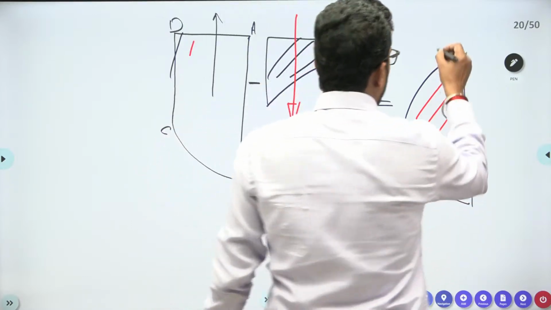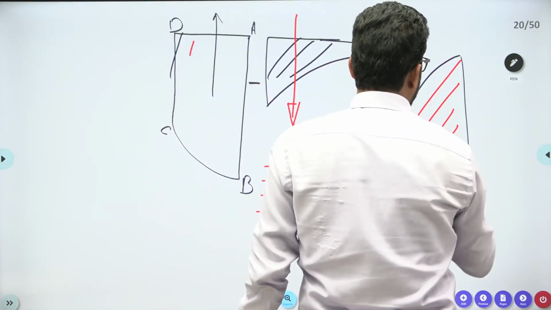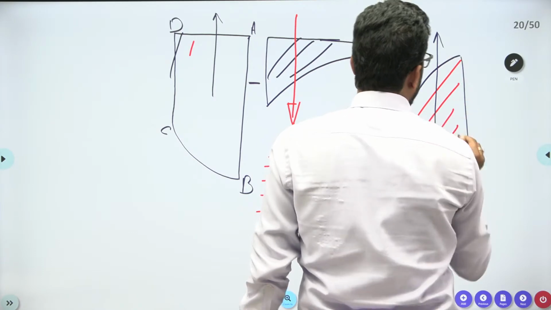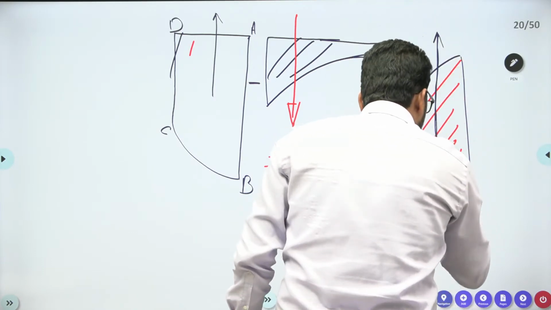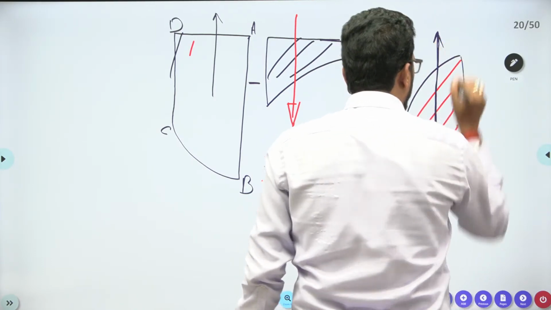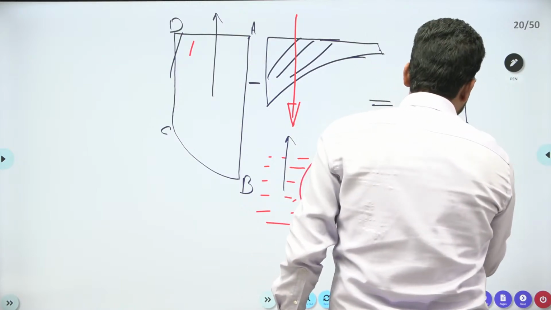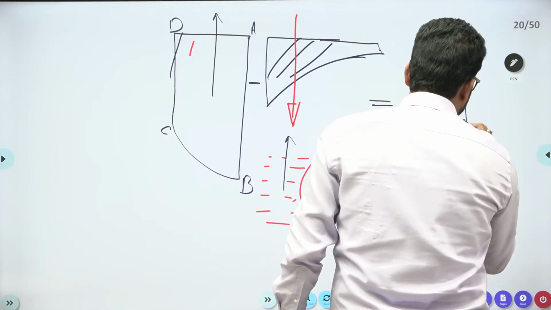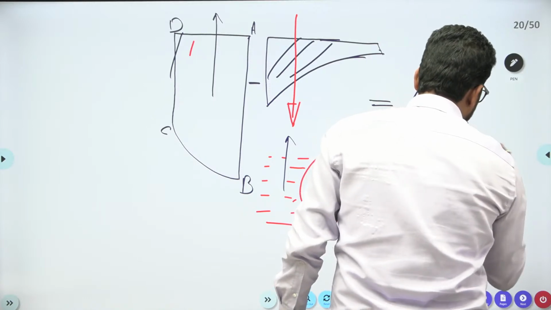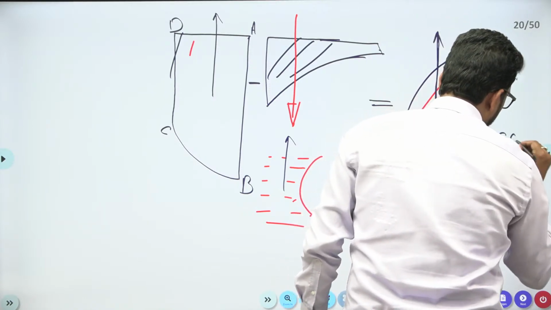This force passes in the vertical direction, and the net vertical force will act at the CG. Very important.